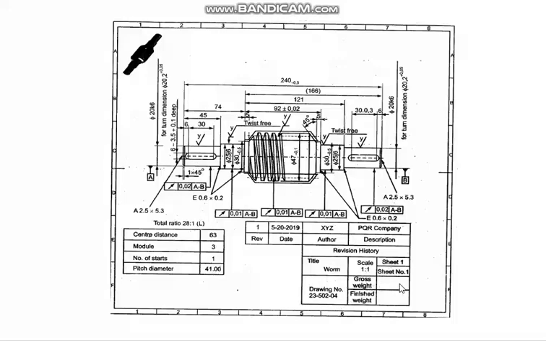Though it is left blank, weight can also be given, so that we will know finally what the gross weight and the finished weight will be. All these other things are also given, like the center distance, module, number of starts, pitch diameter, and all these things. This is one example of a part print.